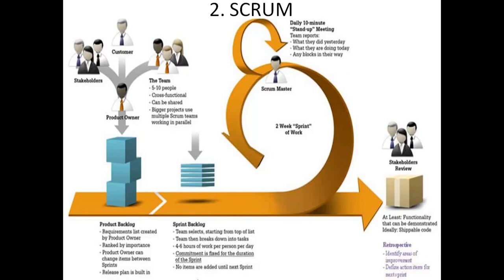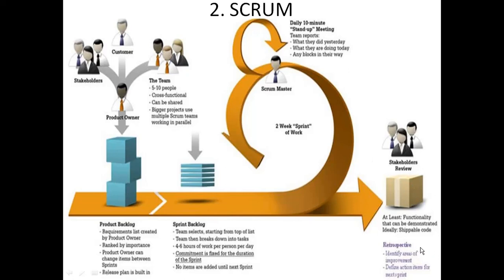Each member should work at least 4 to 6 hours to resolve that problem, and he or she should be committed to fix that problem. No items should be included till the next sprint. So this goes on continuously till we get the final product which meets the user requirements.